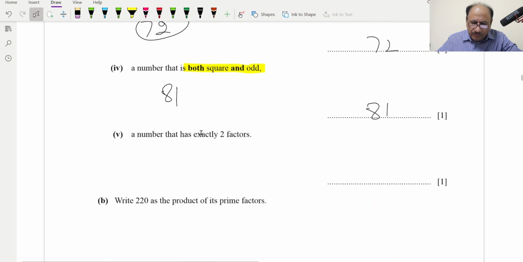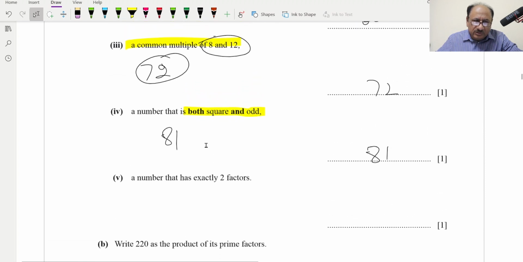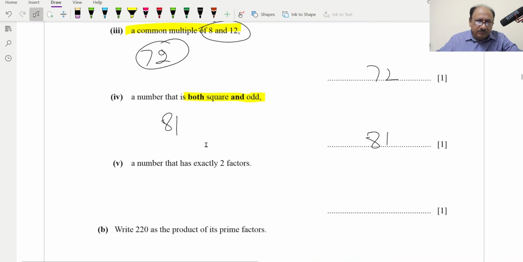Then a number that has exactly two factors. A number having two factors means prime numbers, you can say.